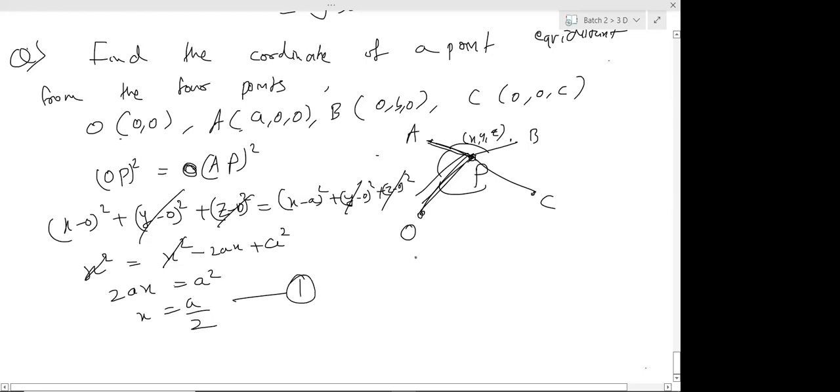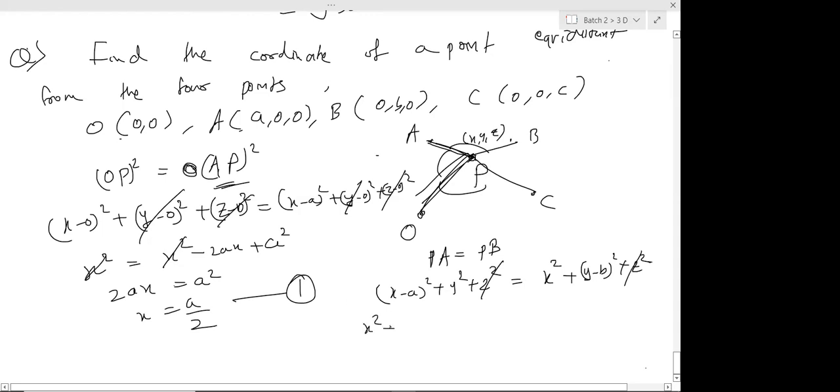In the second equation, we can write PA equals to PB. The value of PA we already know, x minus a whole square plus y square plus z square is equals to PB, and PB would be x square plus y minus b whole square plus z square. So z square and z square is cancelled.